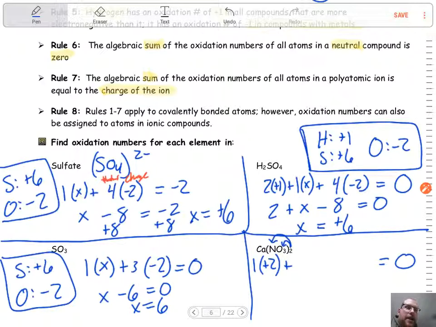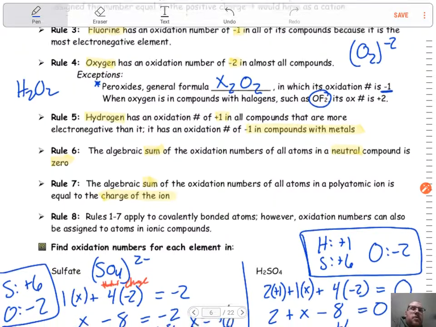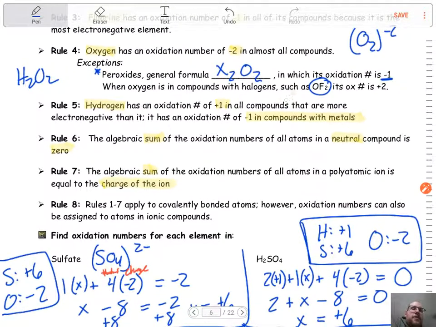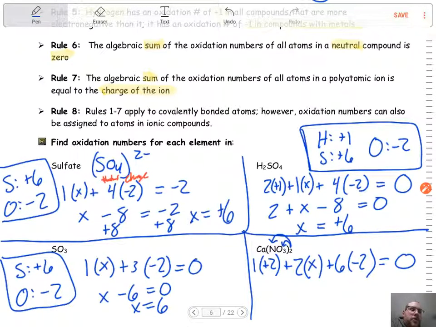Oh yeah, right, we got to distribute that in. There's 2 nitrogens plus how many oxygens? 6. So again, I either know nitrogen's charge or oxidation number, or I know oxygen's. We don't have any rules, guys, about nitrogen, so it means we're going to know oxygen. Again, doesn't follow the exception, so oxygen is a -2 overall, which means I'm solving for nitrogen's charge.